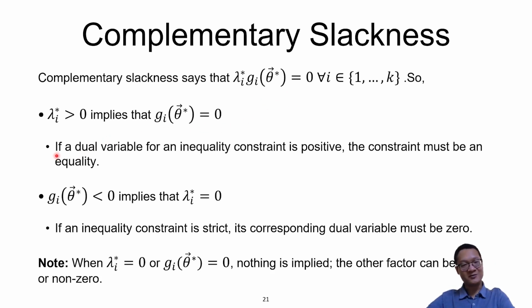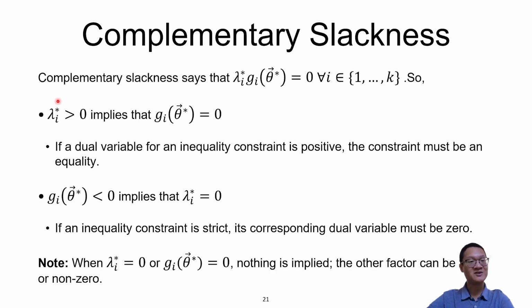In other words, if the dual variable for an inequality constraint is positive, the constraint must be an equality. On the other hand, if gi of theta star is strictly less than 0, that must mean that lambda i star must be equal to 0. In other words, if an inequality constraint is strict, then its corresponding dual variable must be 0.